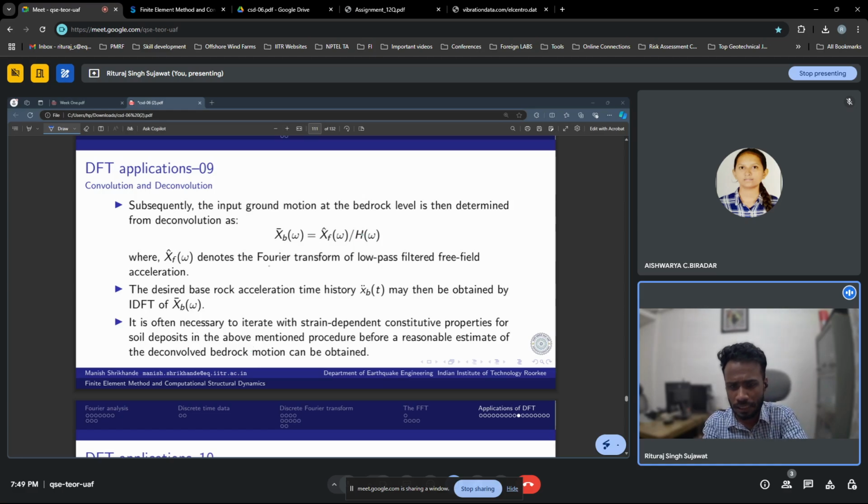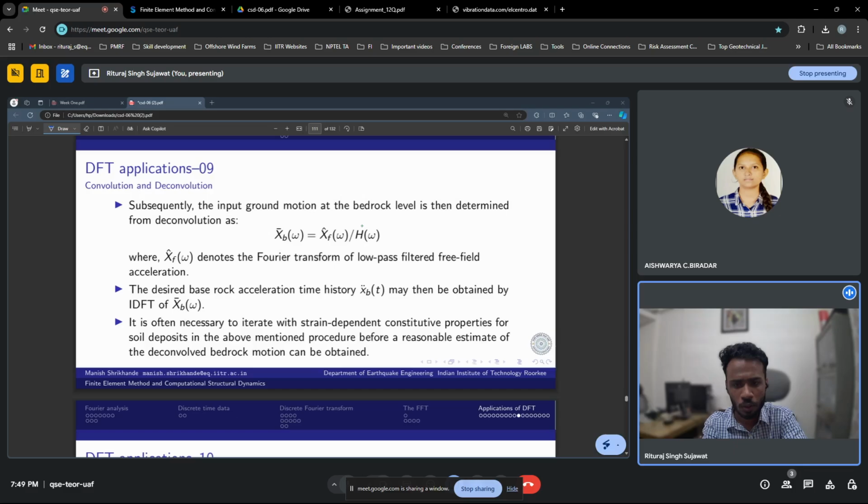The only thing is the evaluation of the H omega. Right now, the data which is available to you is the recording of the response at the free surface, right?